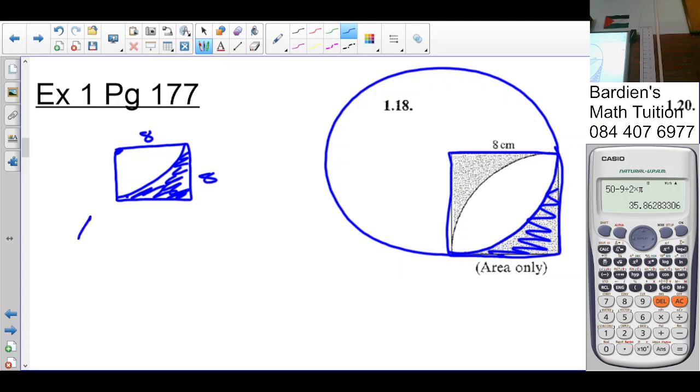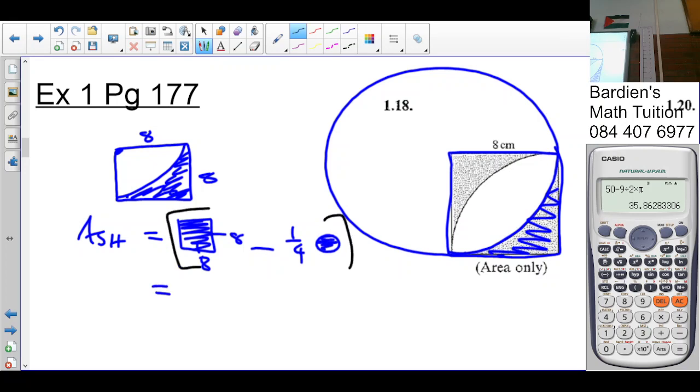Okay. So the area of the shaded region, if I look at this shape, is going to be a square measuring 8 by 8 minus a quarter of a circle. Not so? And then I must multiply this answer by 2. Why? So there's one of them and there's the other one. So it's 8 times 8 minus a quarter.